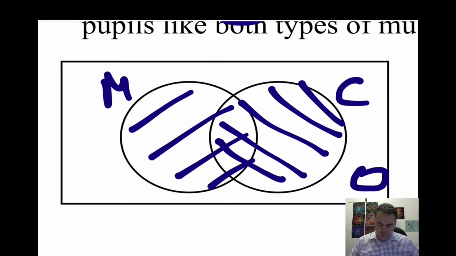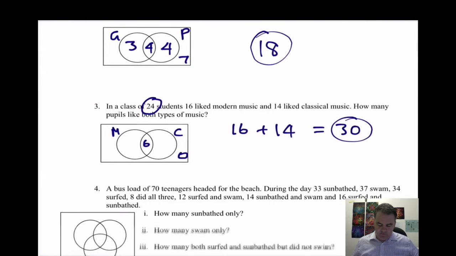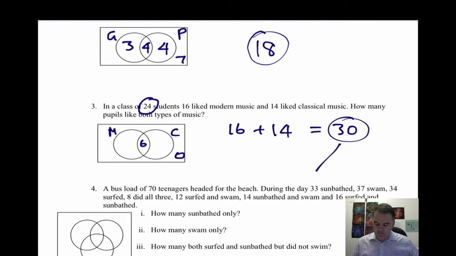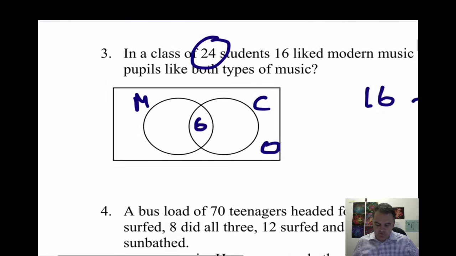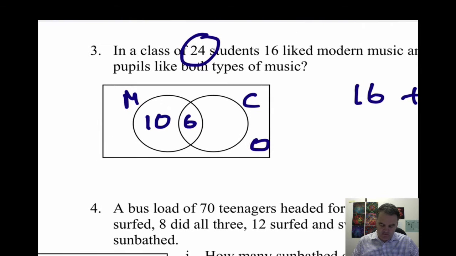So what I'm going to do is recognise now that that must be 6. The difference between the total I got here and the number of students must be that bit there. And now I can work backwards. If 16 like modern music, that means 10 must be here, giving us a total of 16 for that circle.